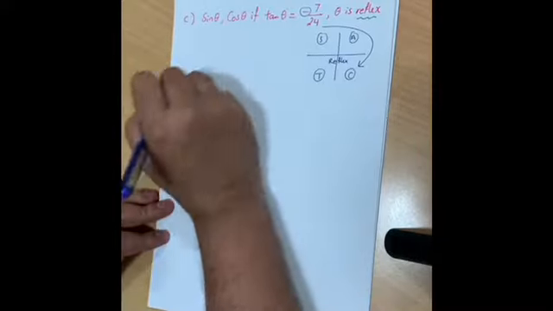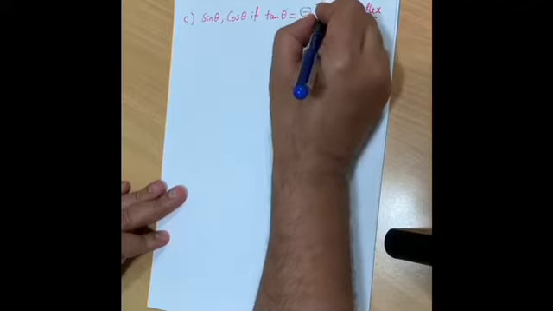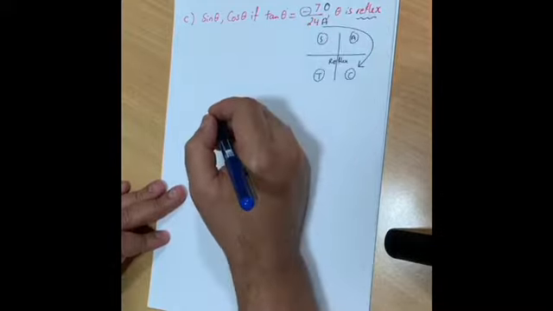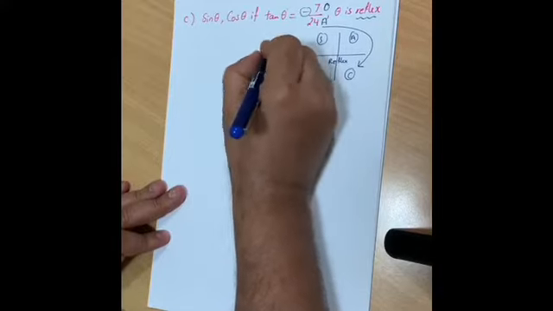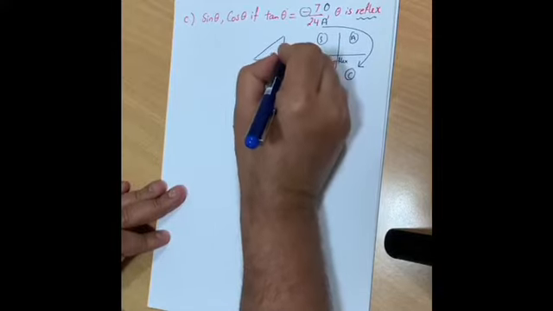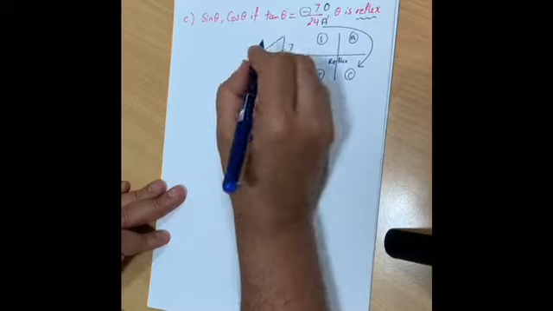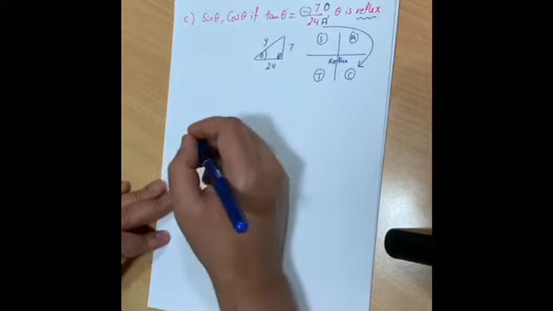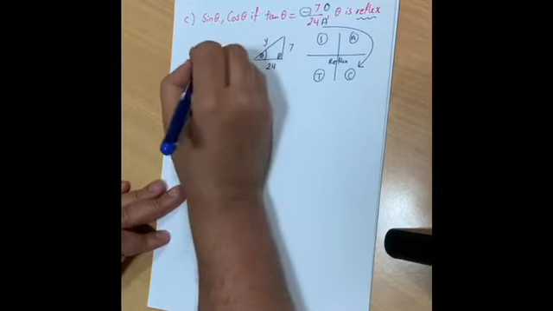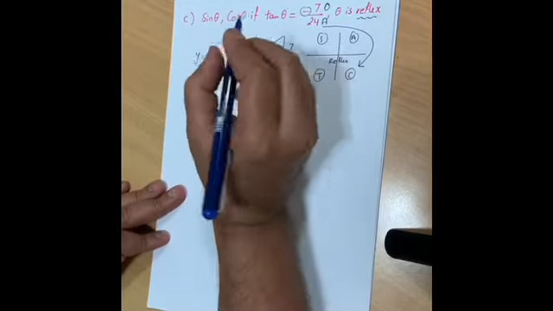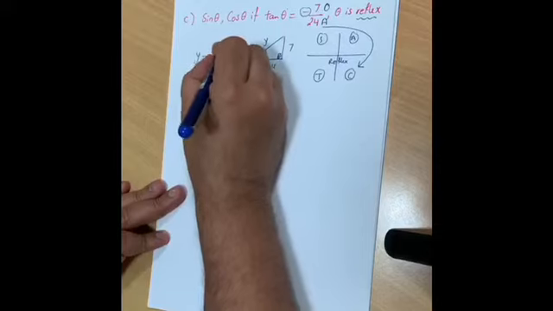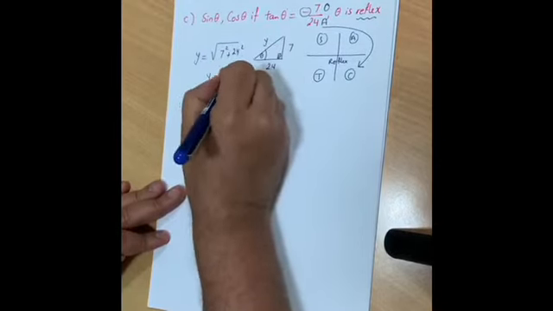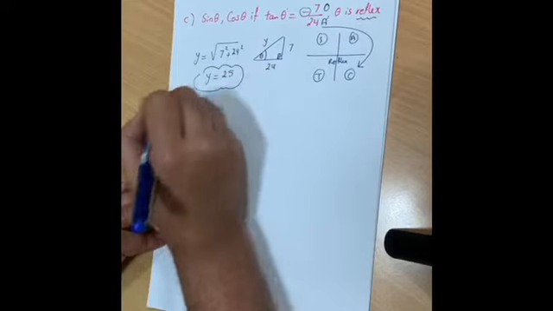Good. Now, tan is equal to O over A, opposite over adjacent. In the right angle triangle, opposite is 7, adjacent is 24. Let's call the missing side y. Let's find the hypotenuse, square root of 7 squared plus 24 squared, then y is equal to 25.